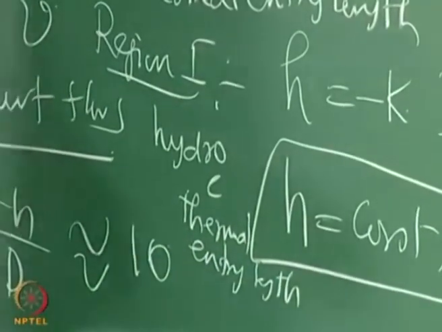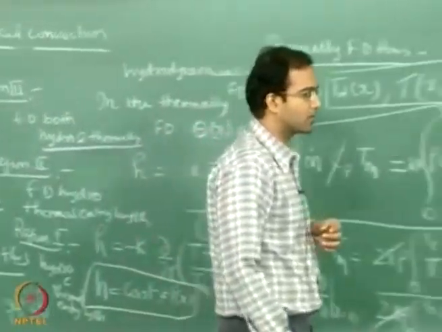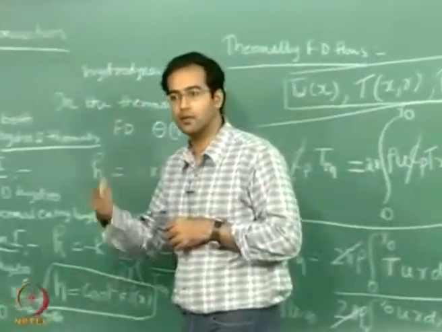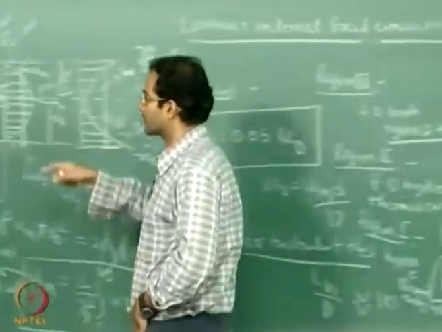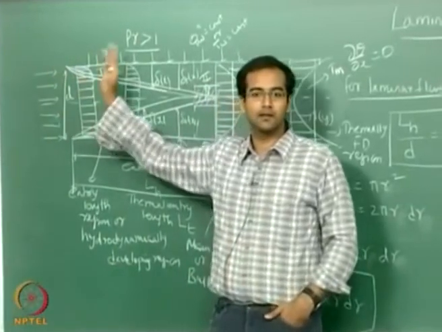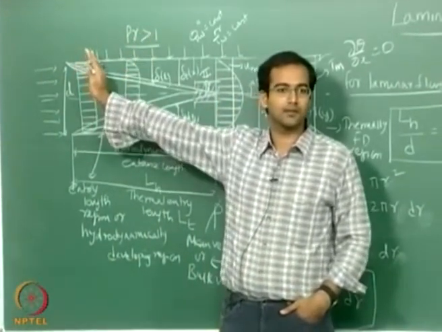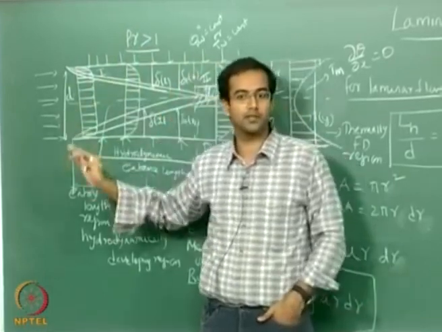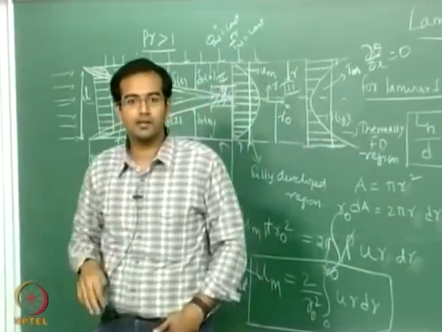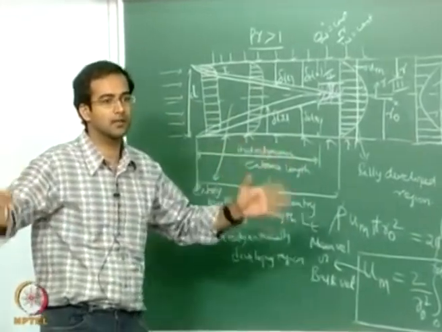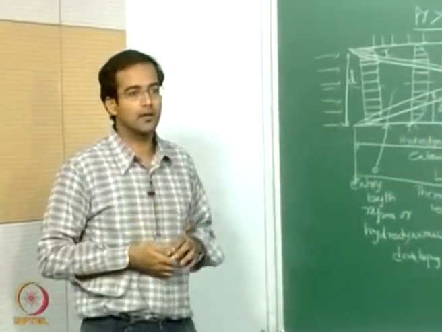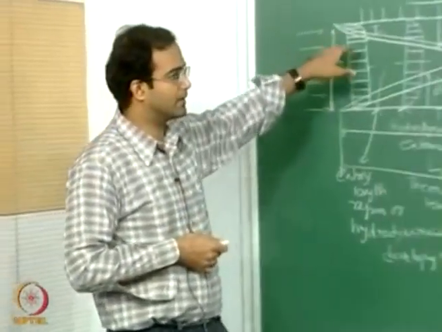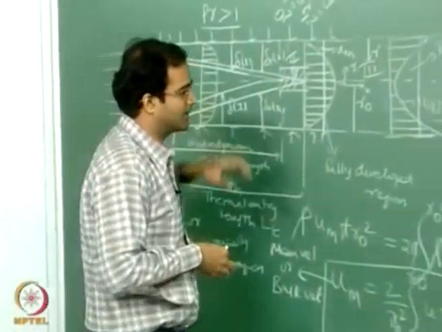In this region you cannot get a good closed form analytical solution. You have to solve the complete Navier-Stokes equation, because you cannot neglect any terms. The gradient of velocity is not 0, the gradient of non-dimensional temperature is not 0, so all the terms in the Navier-Stokes equation have to be present. You cannot neglect any of the terms, and therefore you have to do a complete numerical solution for region 1.